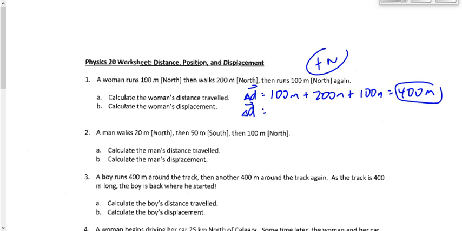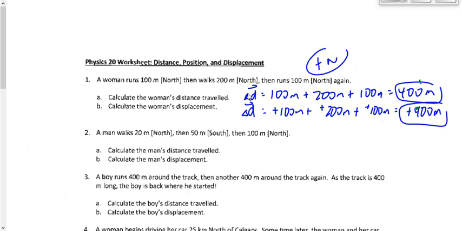We're going to say positive 100 meters plus positive 200 meters plus positive 100 meters gives me positive 400 meters. And what does the positive mean there? North, right? This one's not north, that's just distance. This one's north because it's displacement and it requires a direction. Can you tell me why those two numbers are the same? We didn't change direction, right? It was north the whole time.